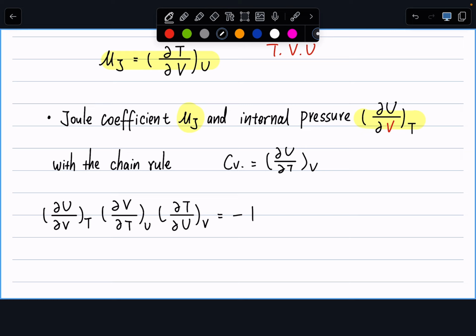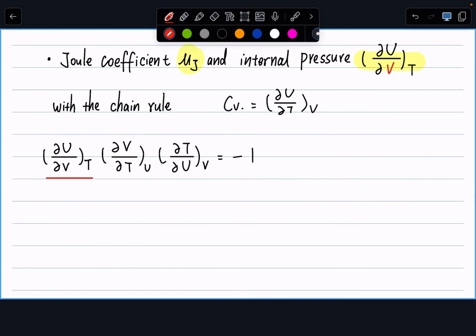So if we're focusing on the first term here, the dU over dV at constant T term, then we move these two to the right and flip them.